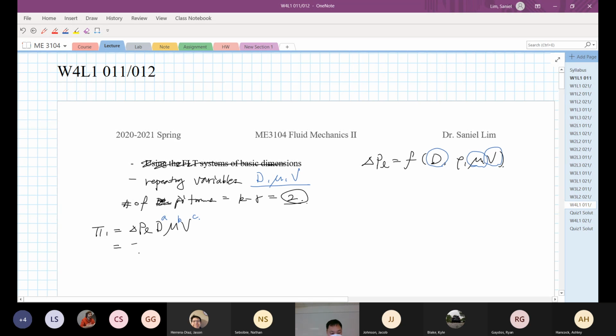You can just write down the units: M L^-2 T^-2 for the pressure drop, of course D is L, then we have M L^-1 T^-1 for mu, and V is L T^-1, each raised to its exponent. So let's just use a different color here.